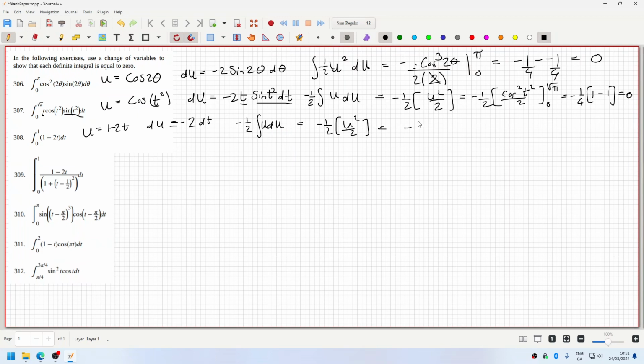So that's minus a quarter 1 minus 2t squared, 0 and 1, so that's minus a quarter. If I put in 1, I get 1 minus 1, and if I put in 0, I also get 1. So that's equal to 0. Okay.